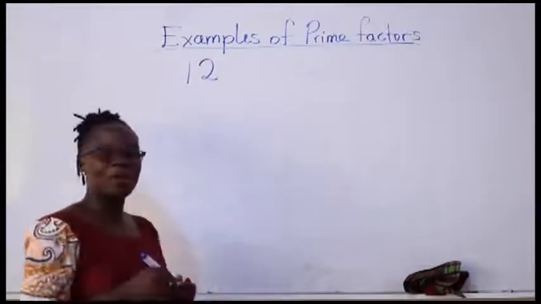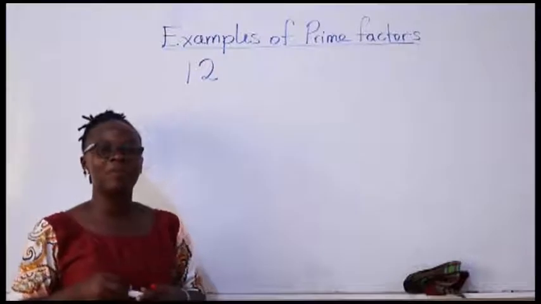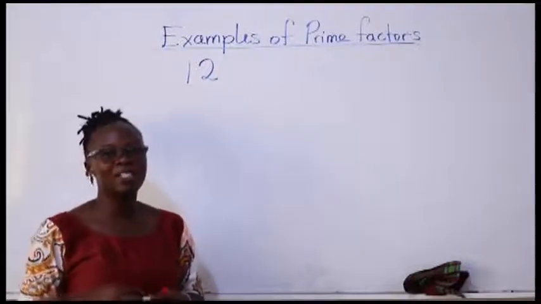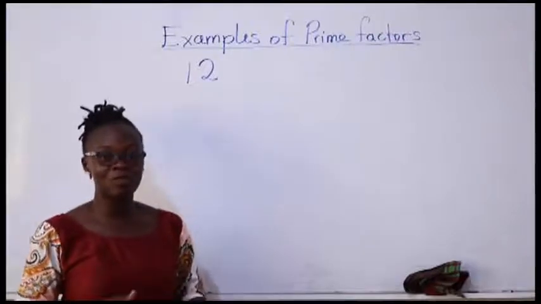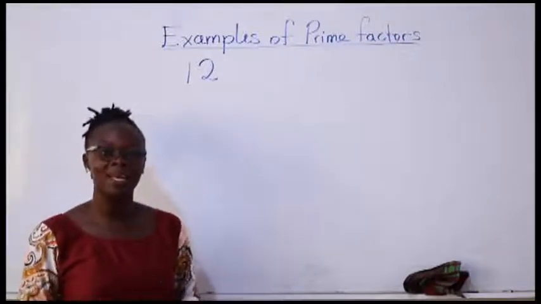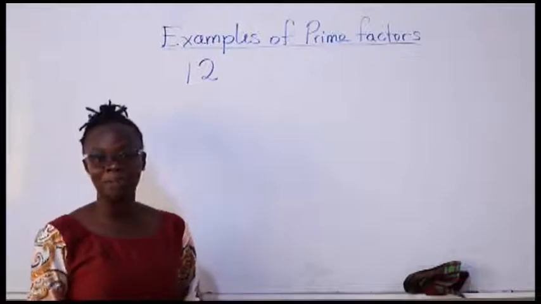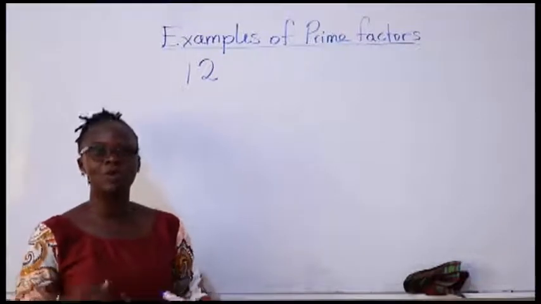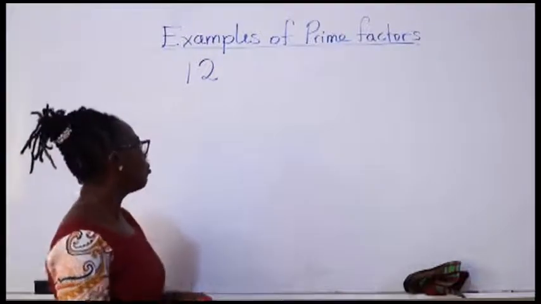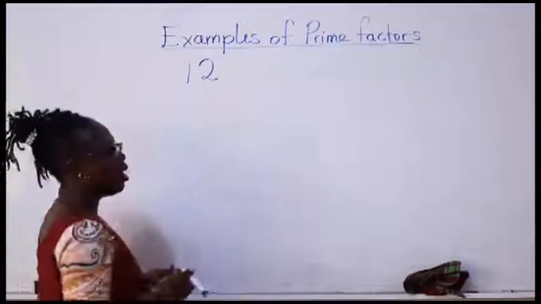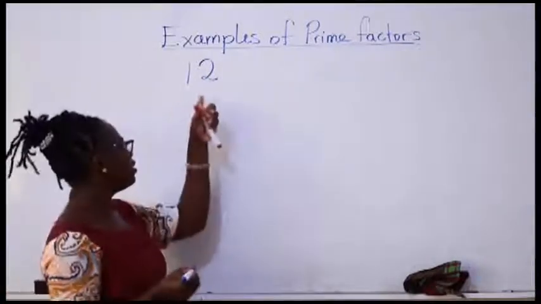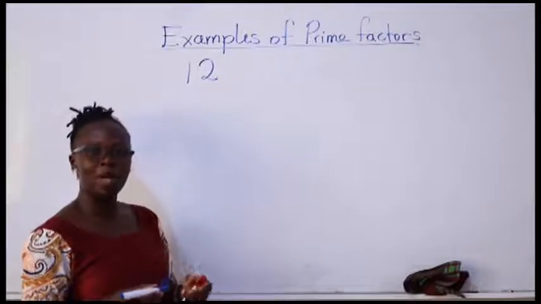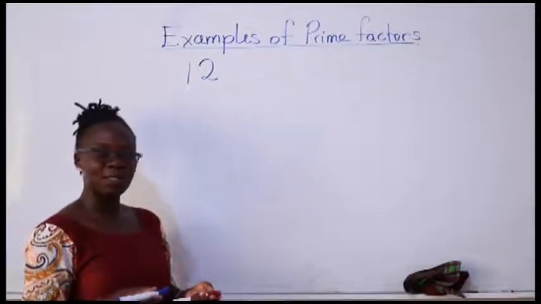If you are given the number 12 and you want to find the prime factors of 12, the easiest way to go about it is to divide the number by prime numbers repeatedly, so you have the lowest. So you ask yourself, what prime number can divide 12? 2 can divide.